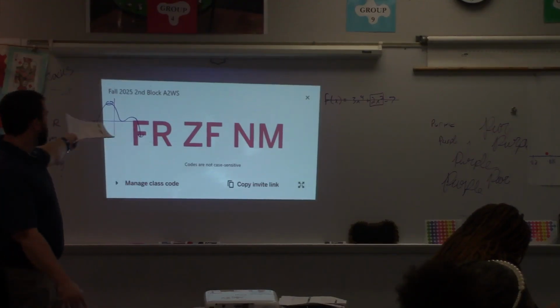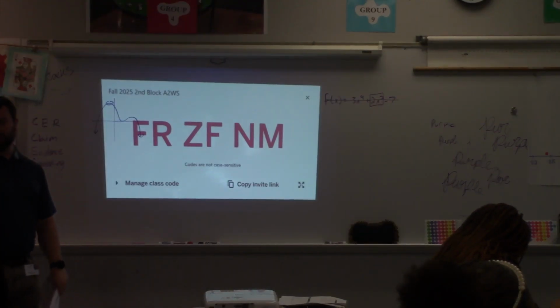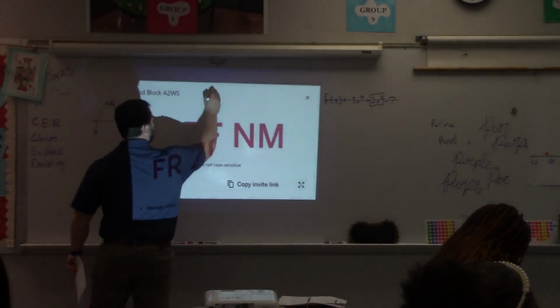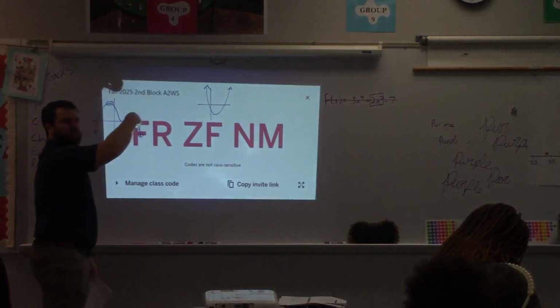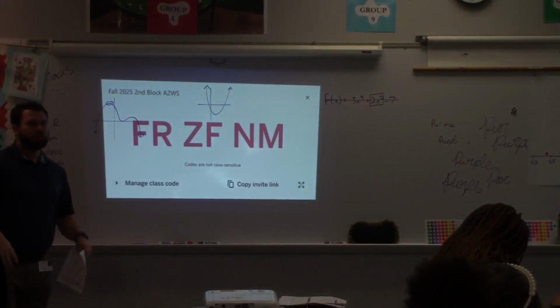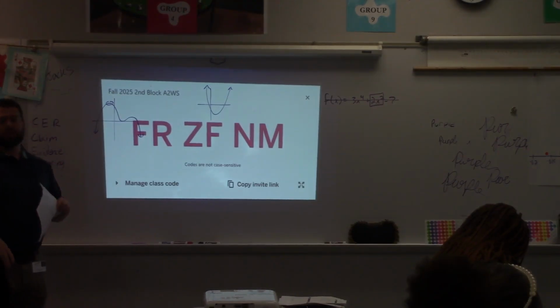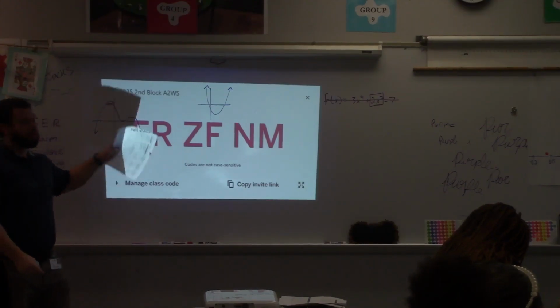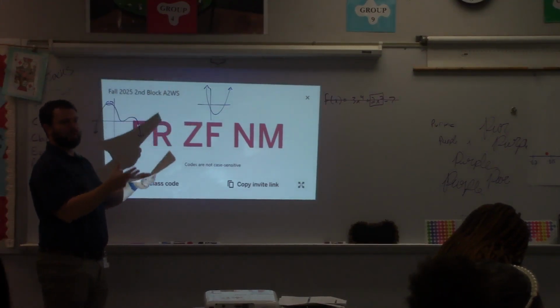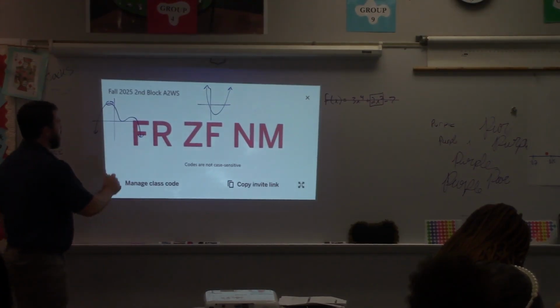So even though that has a maximum, and remember, do all parabolas have maximums? No. Sometimes they have a minimum when, what do we call that direction? Concave up. Remember, concave up like a cup, right? So can I pour water in there and it holds the water in there? Yeah. Yep. Concave down is like a crown.